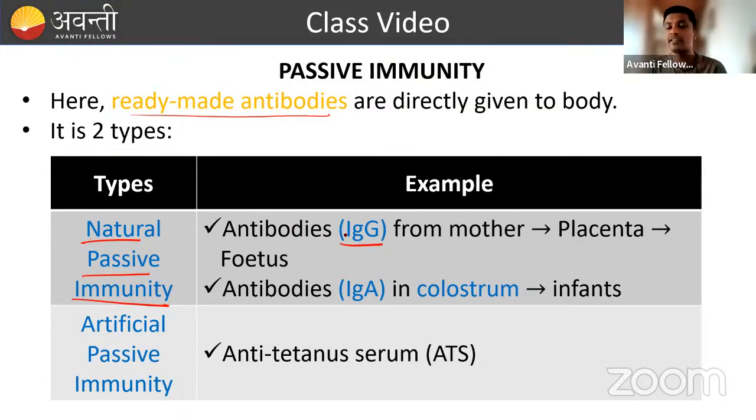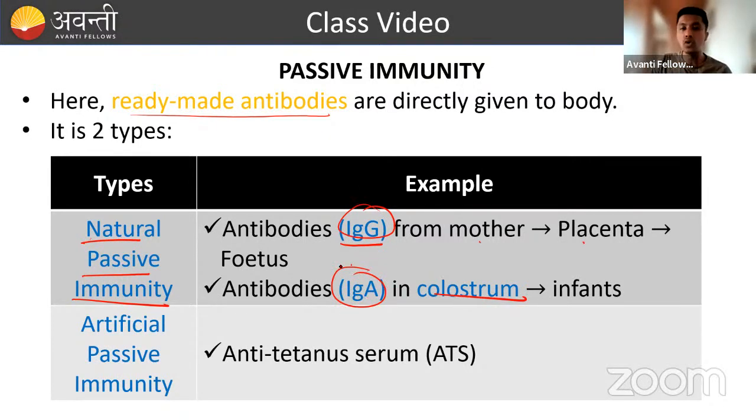These IgG antibodies go from the mother through the placenta, and from the placenta to the fetus. These IgG antibodies are produced by the mother, and through the placenta they enter the fetus when it is a baby. Whereas colostrum has IgA antibodies, and that is given during the feeding time for the babies.